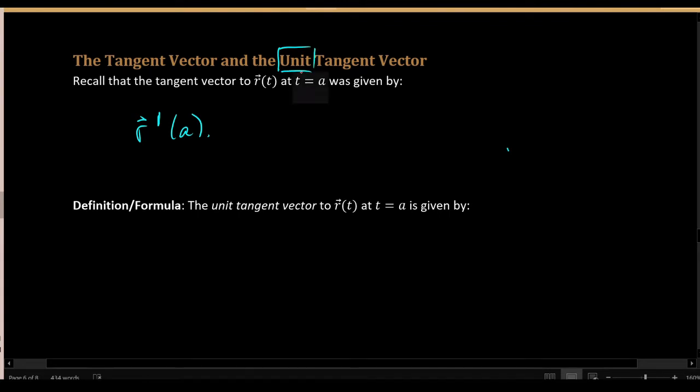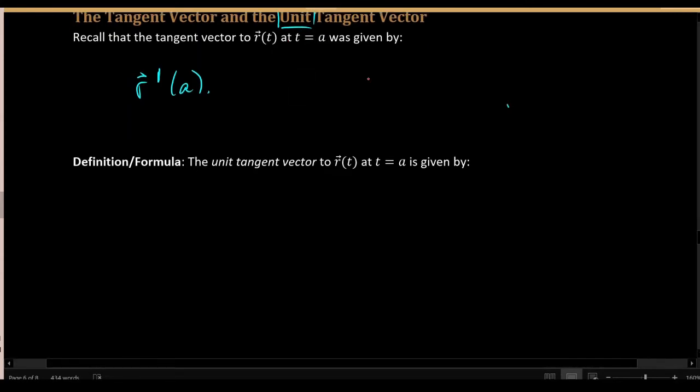Now, if you want to take a vector and find a unit vector pointing in the same direction, do you remember how we did that? All you have to do is take that and divide it by its length. Take the tangent vector, divide by the length, and lo and behold, you have the unit tangent vector.